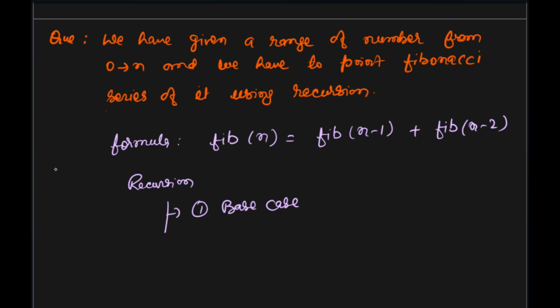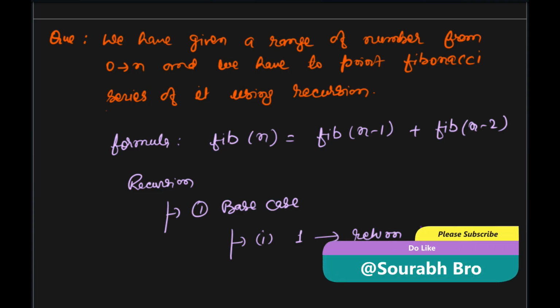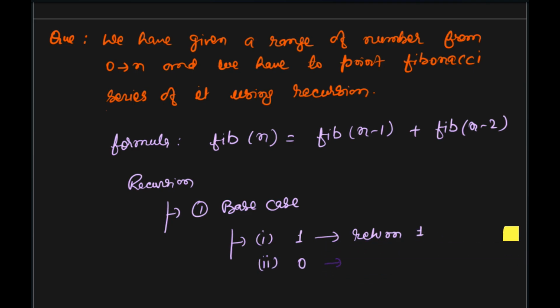Here our base case is when we have 1, then we will return with 1, and another base case is when we have 0, then we will return with 0.